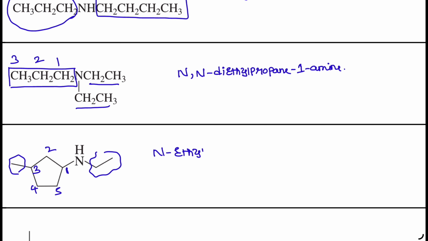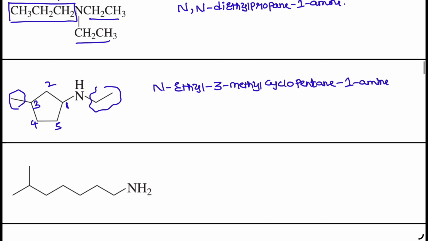Therefore it is N-ethyl, 3-methyl. Don't forget cyclopentane, 1-amine. So every part of the structure you are going to give the name, understand it properly.